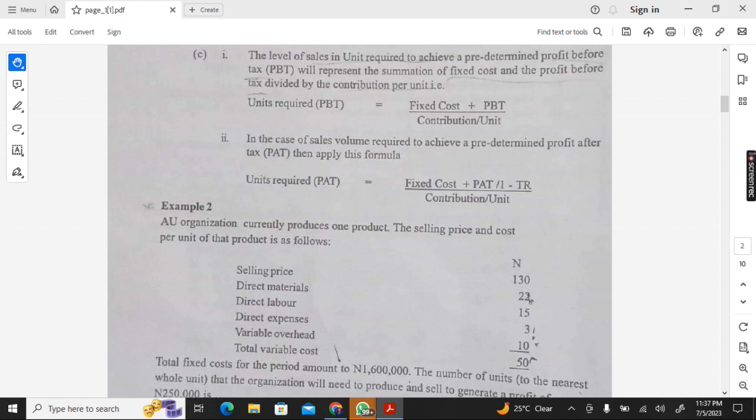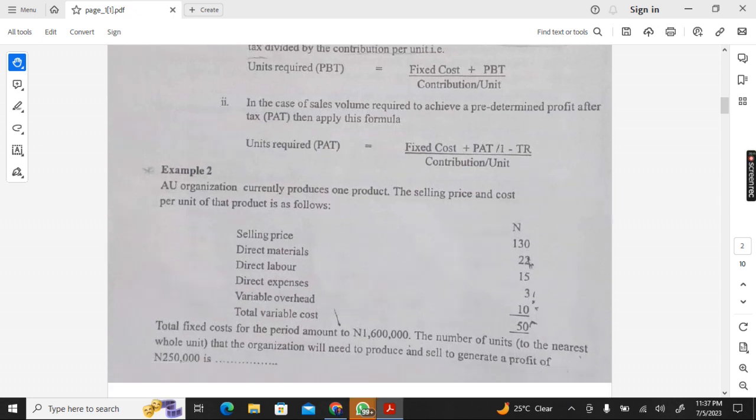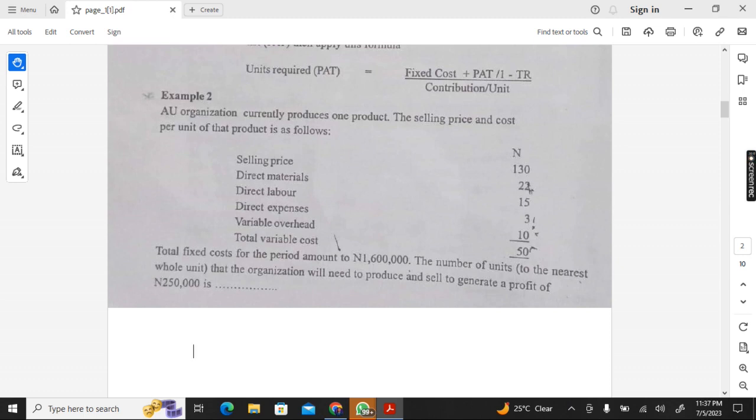You can see what I just explained: the fixed cost plus PBT over. Now let's solve this question, and then tomorrow we can continue, because we can't finish everything today. At least we'll go and check ourselves before we continue tomorrow, and treat all the questions, and the ones we can't get, we can call back so that we can move fast. Yes, sir.